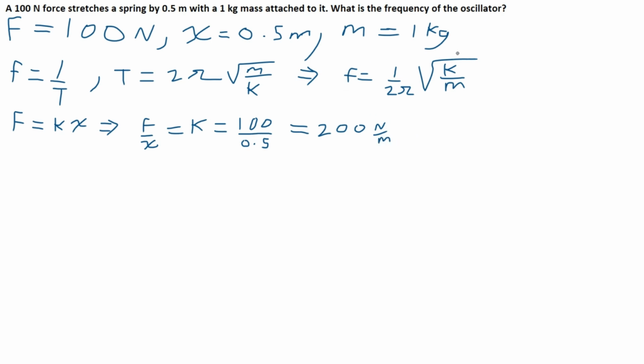Now we can use our formula for the frequency to solve for the frequency since we have all of the variables we need. Plugging in the values, we get that the frequency is equal to 1 divided by 2 pi, all multiplied by the square root of 200 Newton meters divided by 1 kilogram.